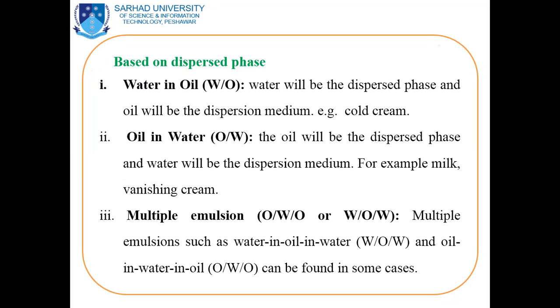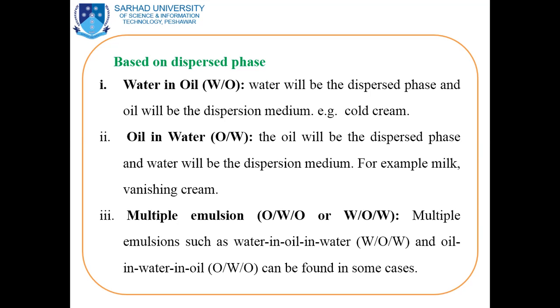There are different bases for classification of pharmaceutical emulsion. One of the bases used in classification is the dispersed phase. As I told you, the dispersed phase is also termed as internal phase.